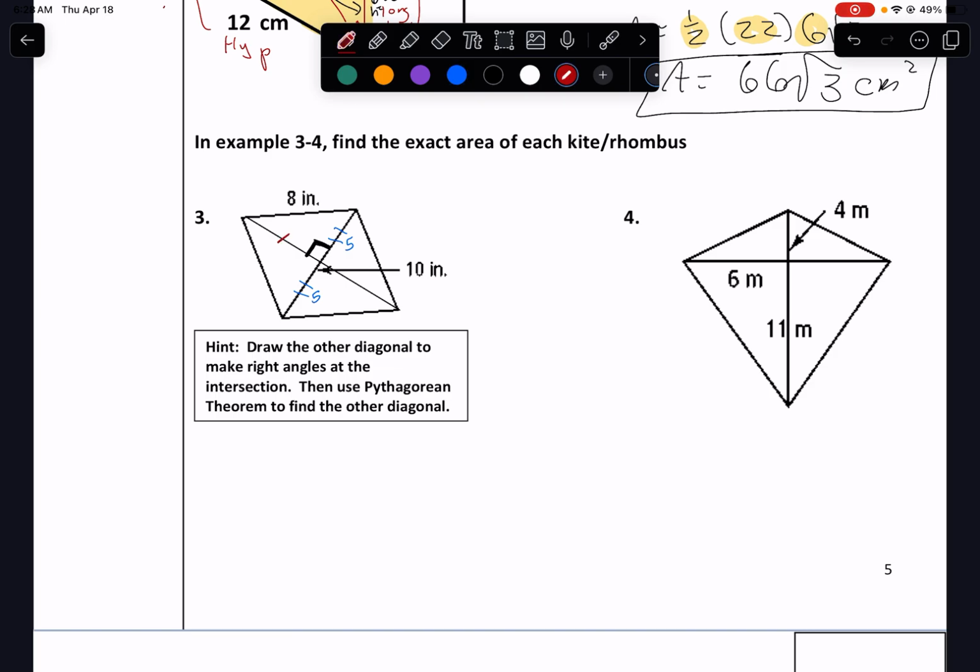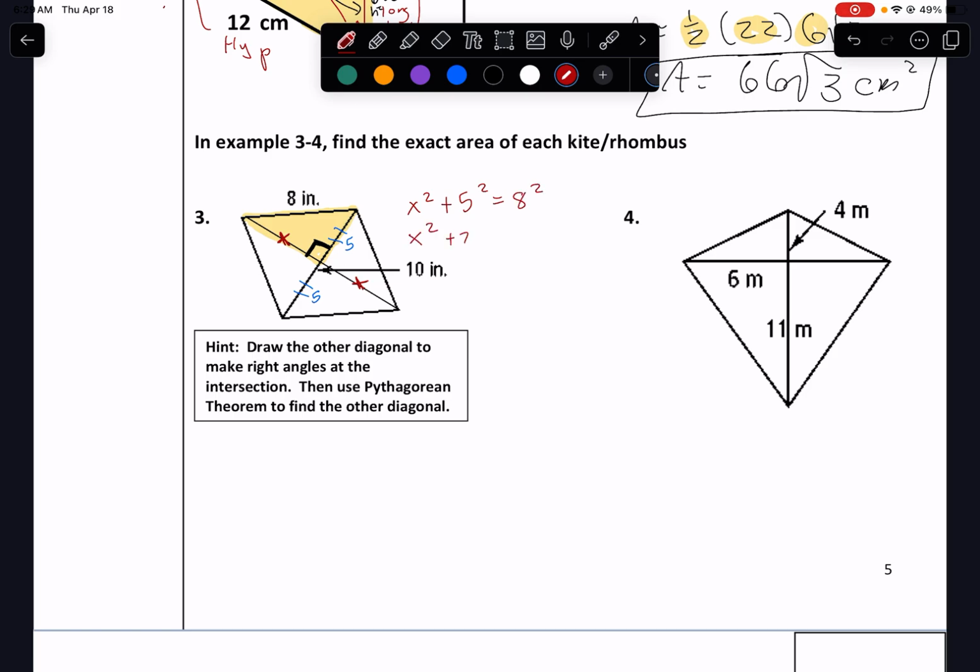So then I'm missing this part and this part, which will be congruent. I can now look at my cute little right triangle, and I'm going to use that to solve for that other diagonal. So I'm going to do x squared plus 5 squared equals 8 squared.